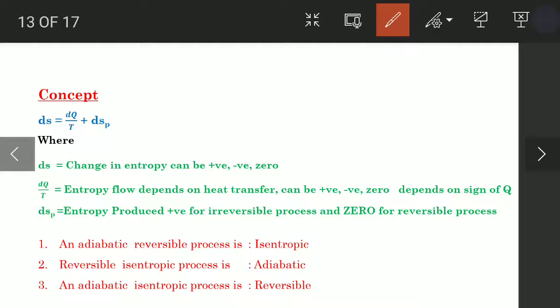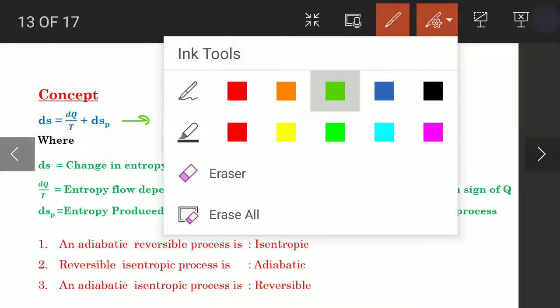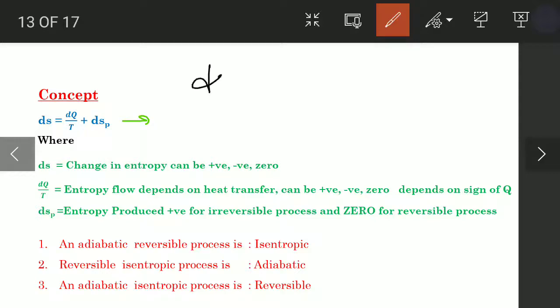Now this is one concept required for solving the next few problems or MCQs. There is one equation from the Clausius inequality. We can prove this. From the Clausius inequality I have directly taken these equations. dS is actually greater than dQ by T, and to balance this equation we need to add some term here.